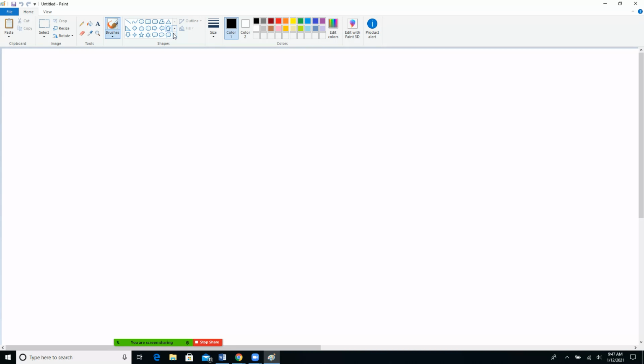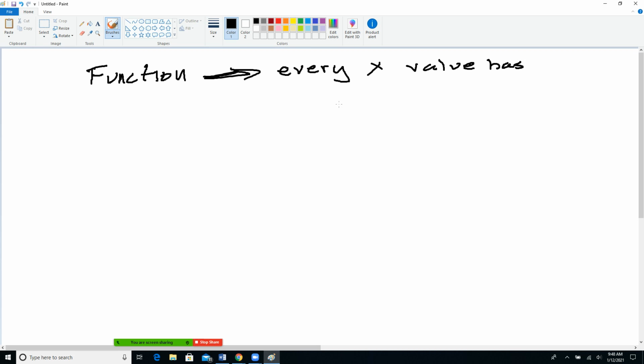So functions. Every x value has one and only one y value.